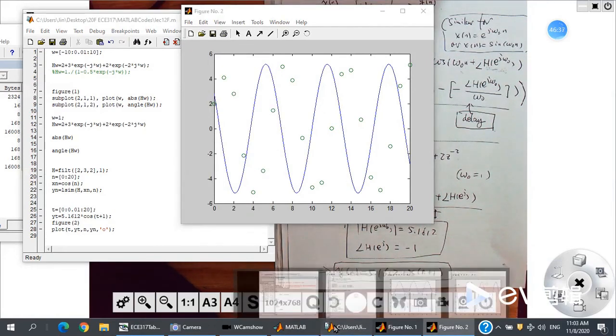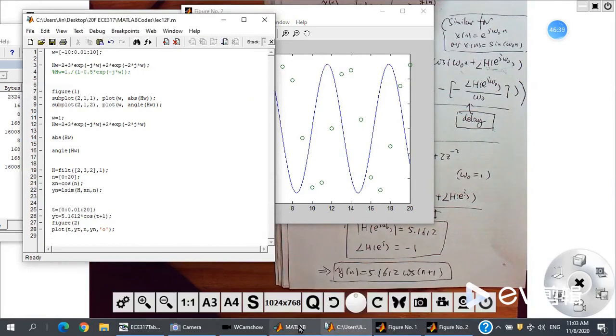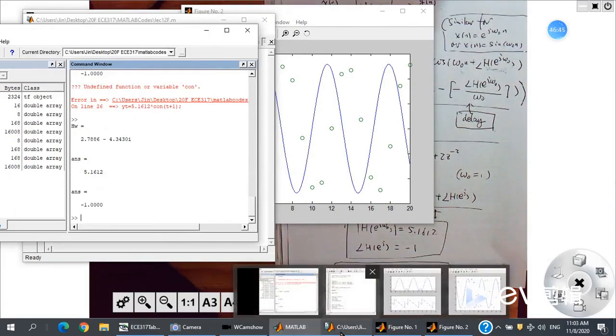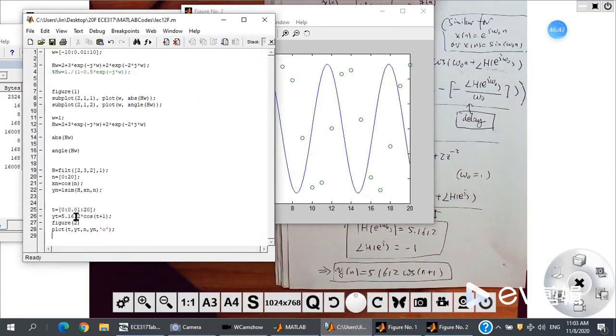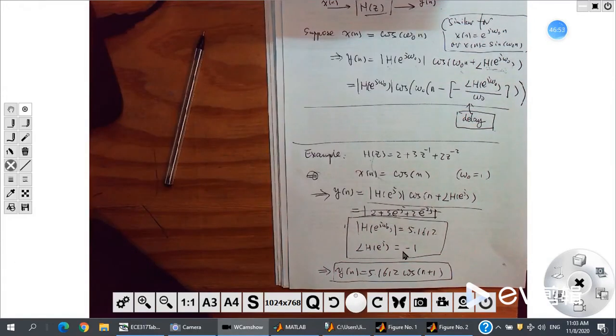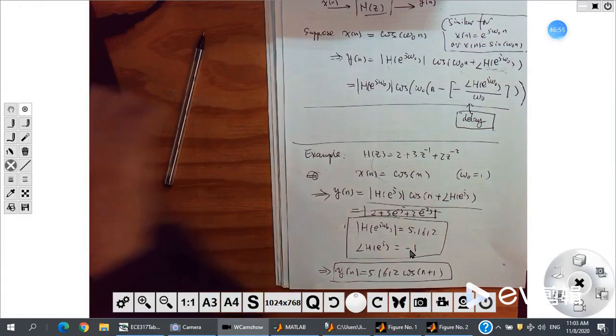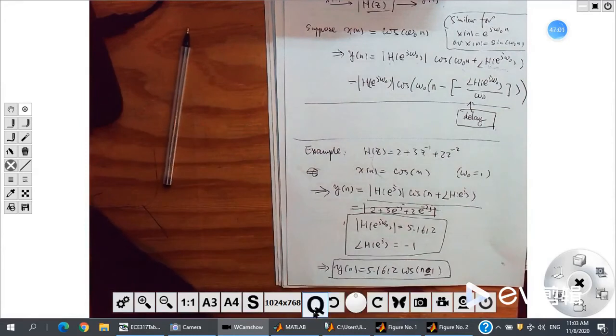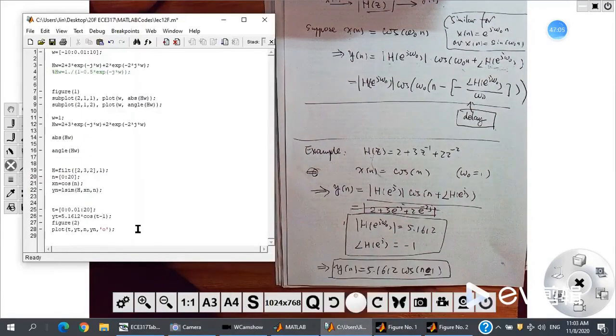The angle, what is the angle? Oh, the angle is -1, sorry. Here it is -1. Then here it should be -1. I put the angle as -1 here, but then here I put +1, which should be -1. Alright, I need to correct it. Okay, now it's -1.